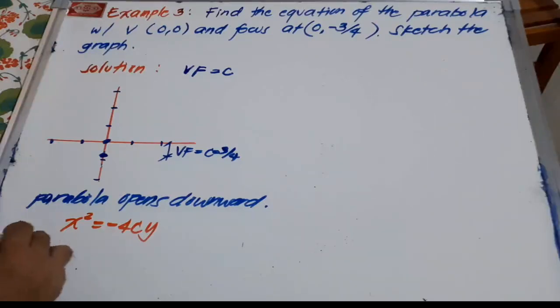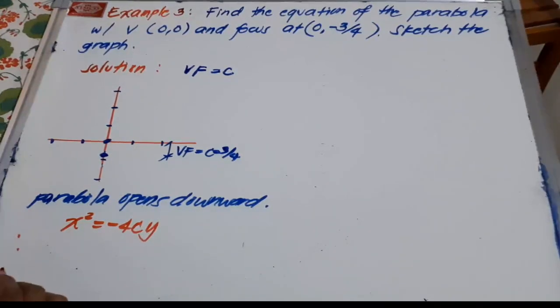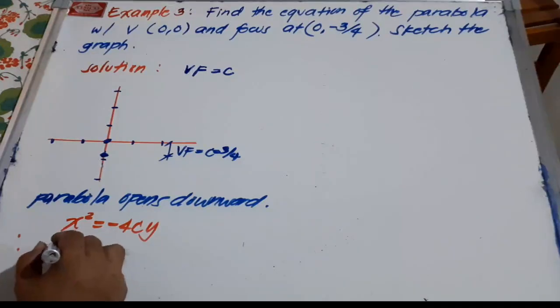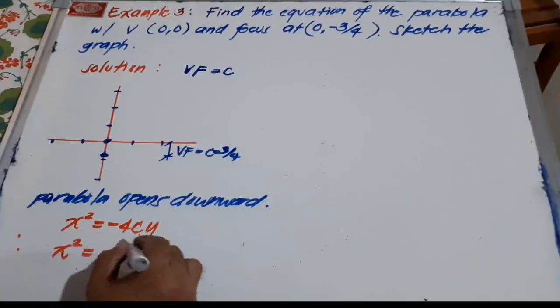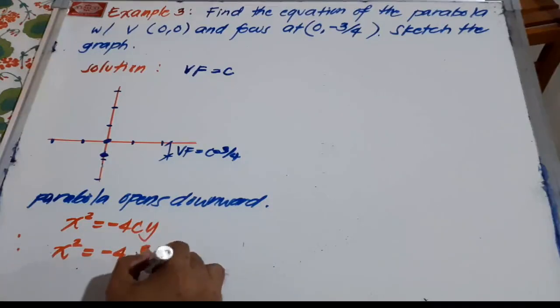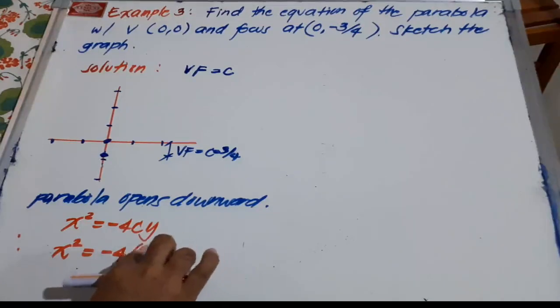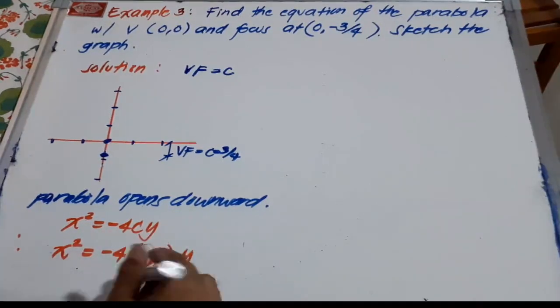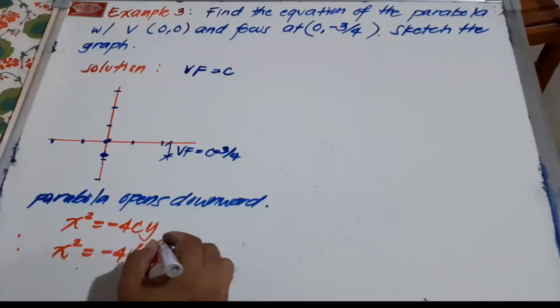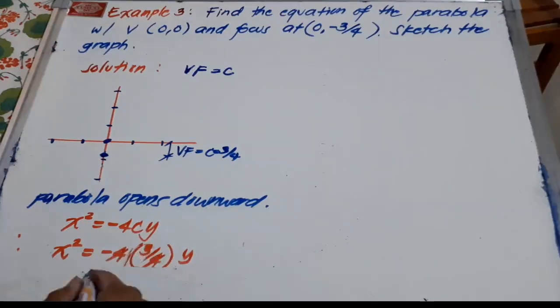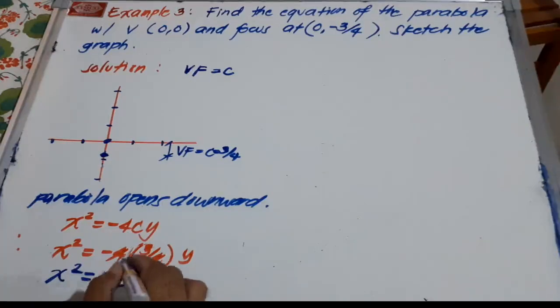So, sa makatuwid, ang sagot natin sa example number 3, since we already know the focal distance, which is 3/4, our answer is x squared equals negative 4, c is 3/4, times y. Cancel out 4. This is 3/4. So we can cancel. Therefore, the equation of this parabola is x squared equals negative 3y. Okay, so this is our answer.